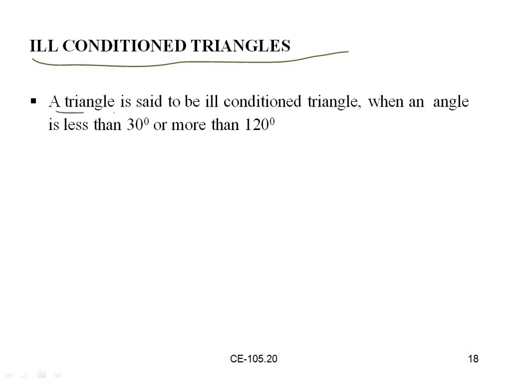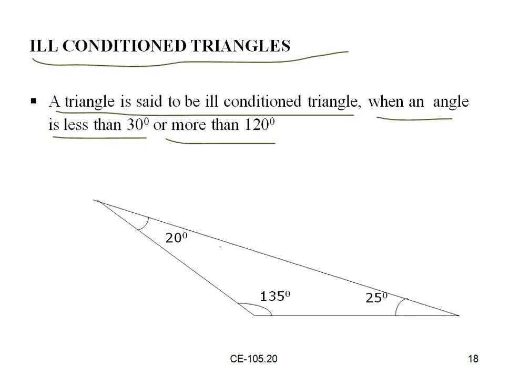Next is ill conditioned triangles. We have seen well conditioned, now we will see ill conditioned triangles. A triangle is said to be ill conditioned when an angle is less than 30 degrees or more than 120 degrees. We can see the diagram: this is 135 degrees, 25 degrees and 20 degrees.